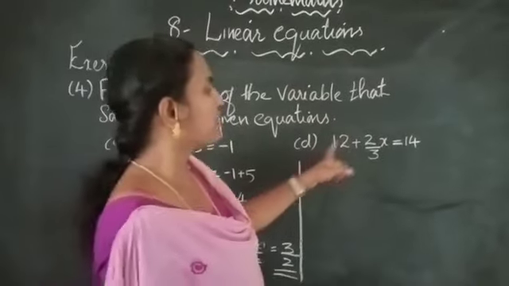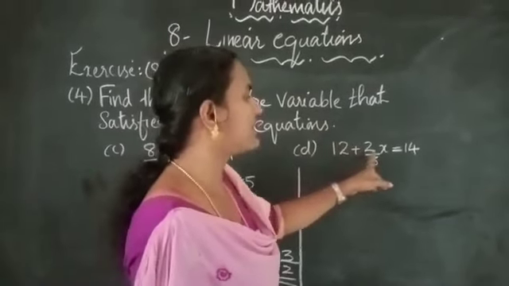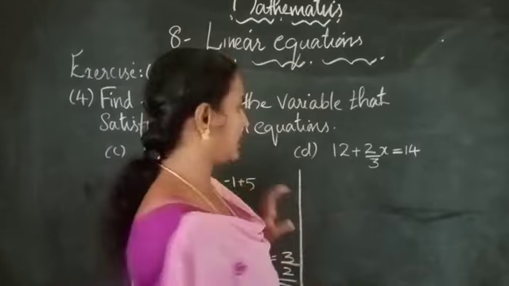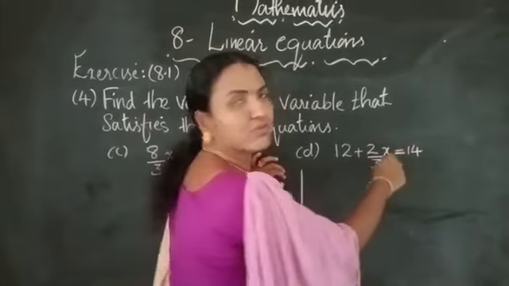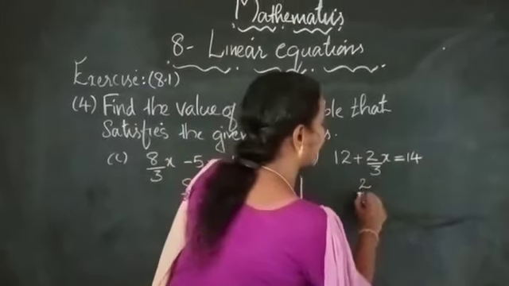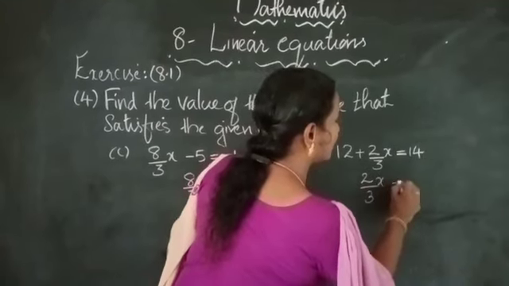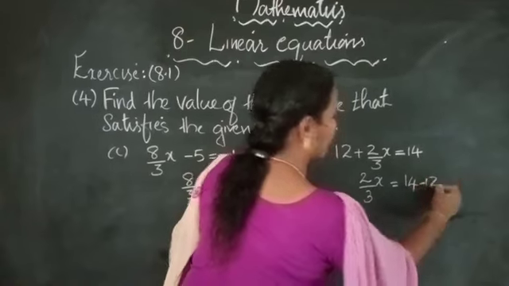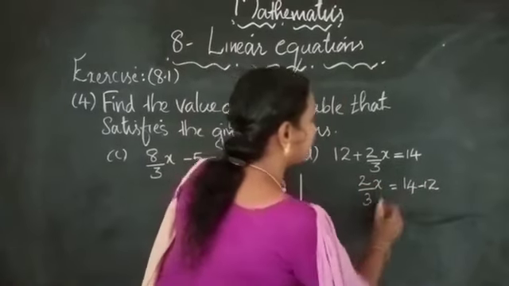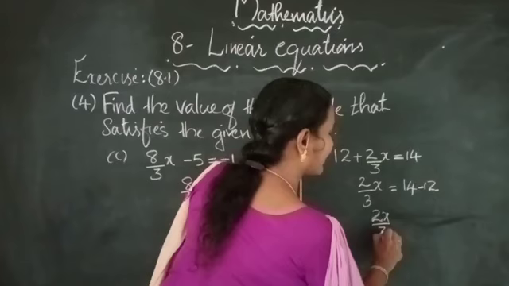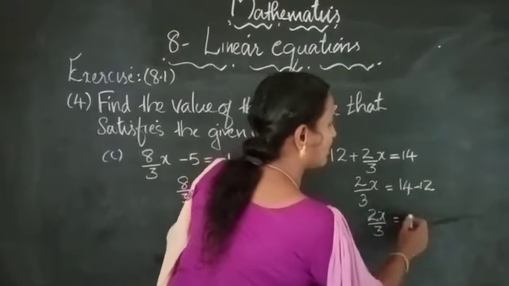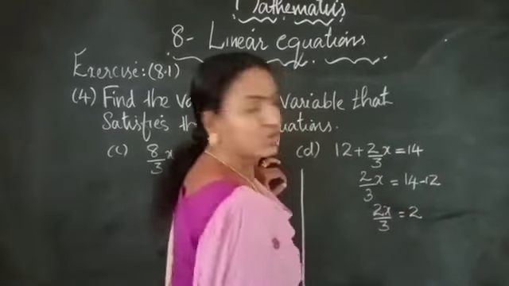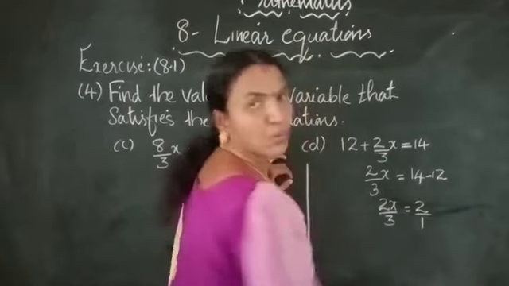Then option D, 12 plus 2 by 3x is equal to 14. So we have to find the value of x. So 2 by 3x is equal to 14 minus 12. So 2 by 3x means 2x by 3 is equal to 14 minus 12, which is 2. 2 can be written as 2 by 1.